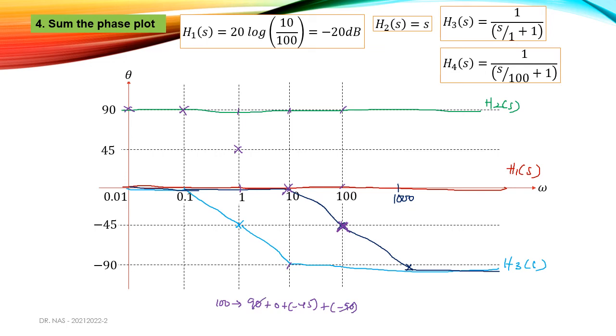And then at 1000, you have 90 degree plus 0, and then minus 90, and then minus 90 again, so minus 90 total. Why? Because you have the dark blue line minus 90 and the light blue line minus 90. Okay, so now connect them all.